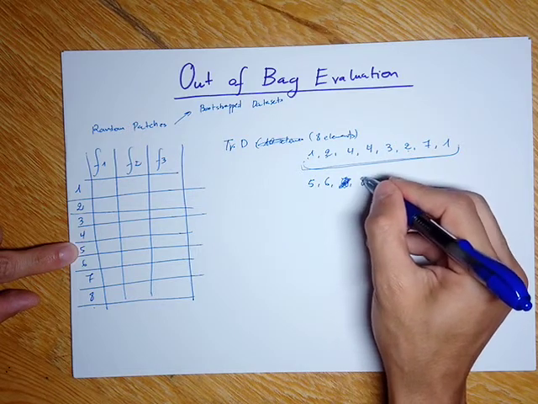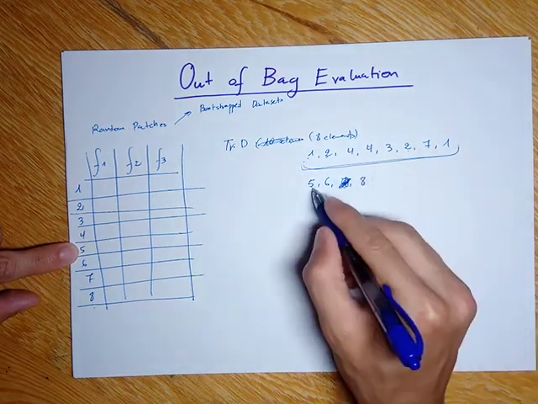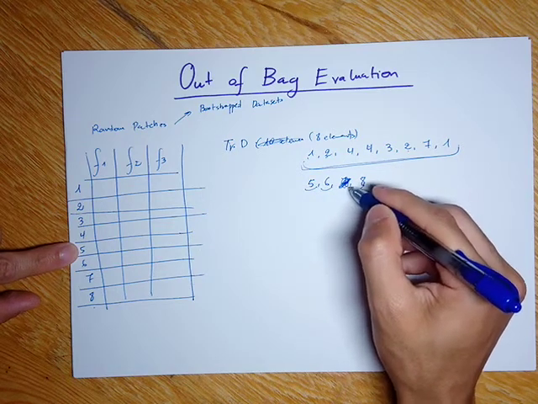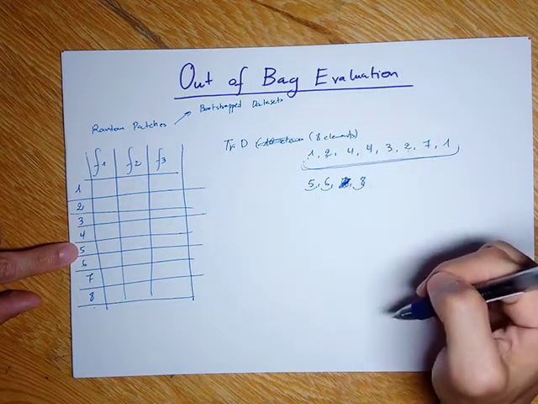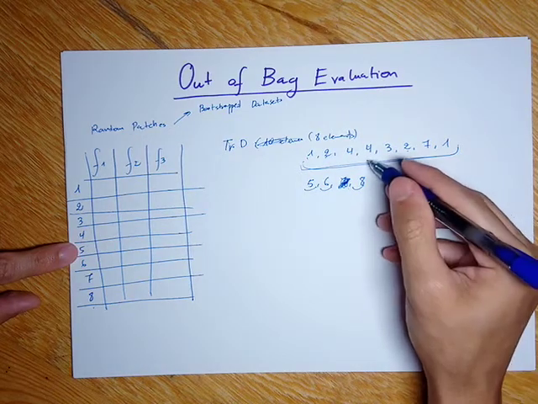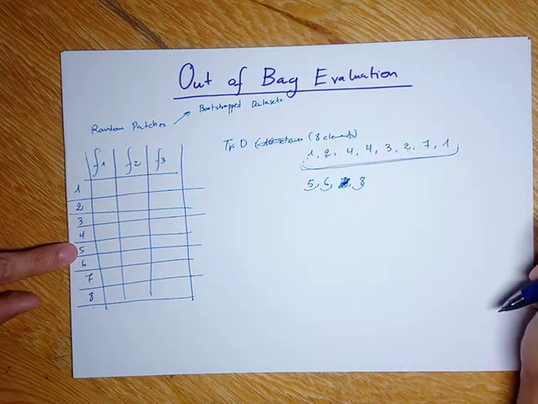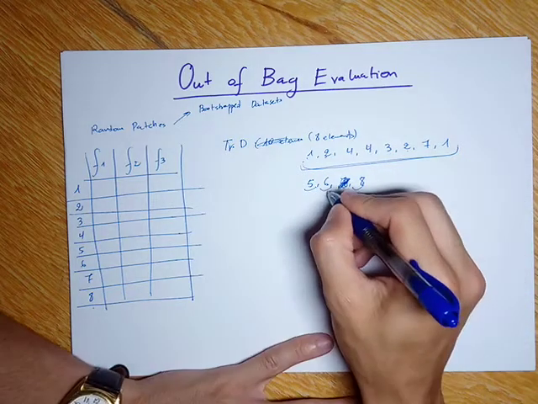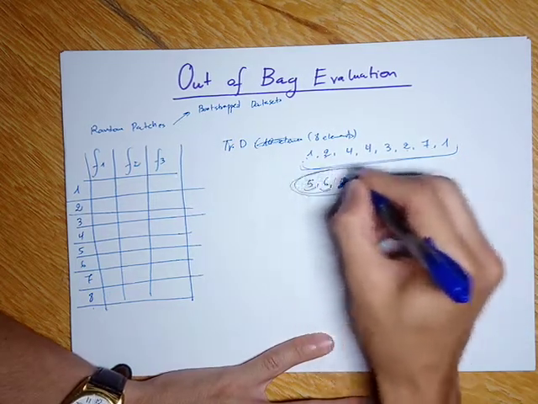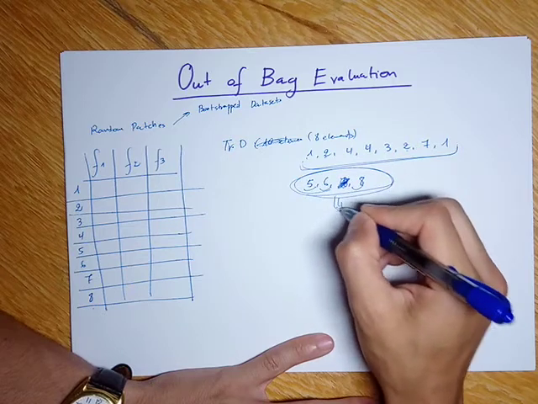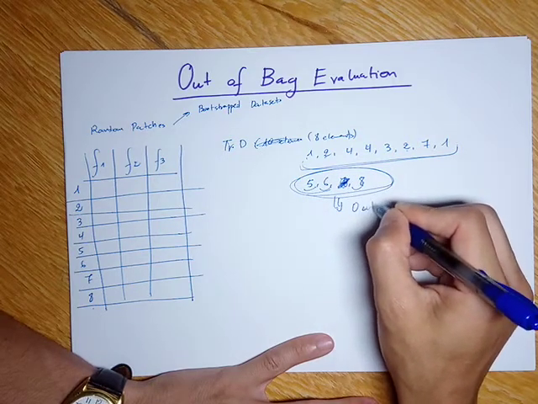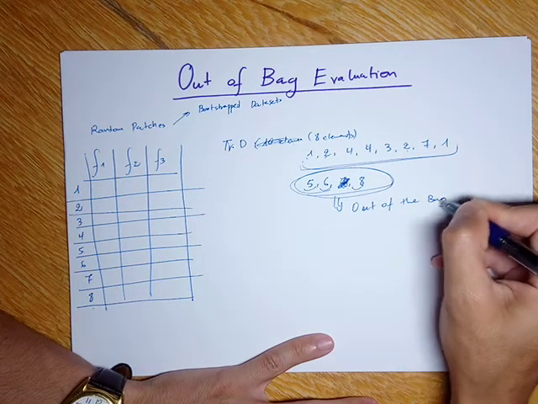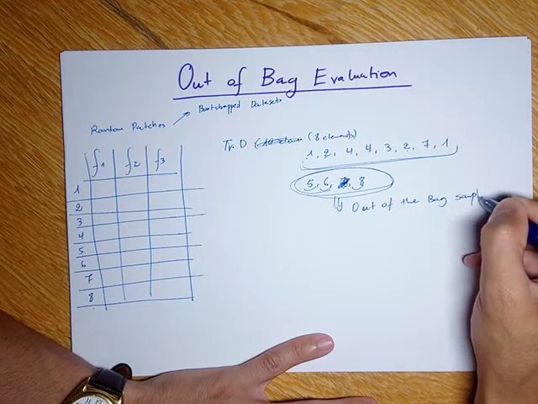The 8th sample was not taken. So we have here 3 samples that were not used to create this new training dataset. And these samples are called out of the bag samples.